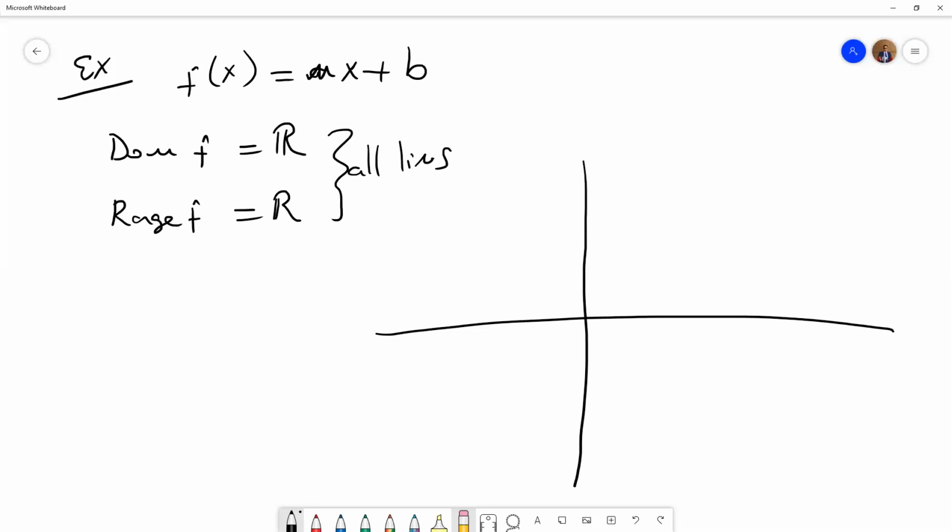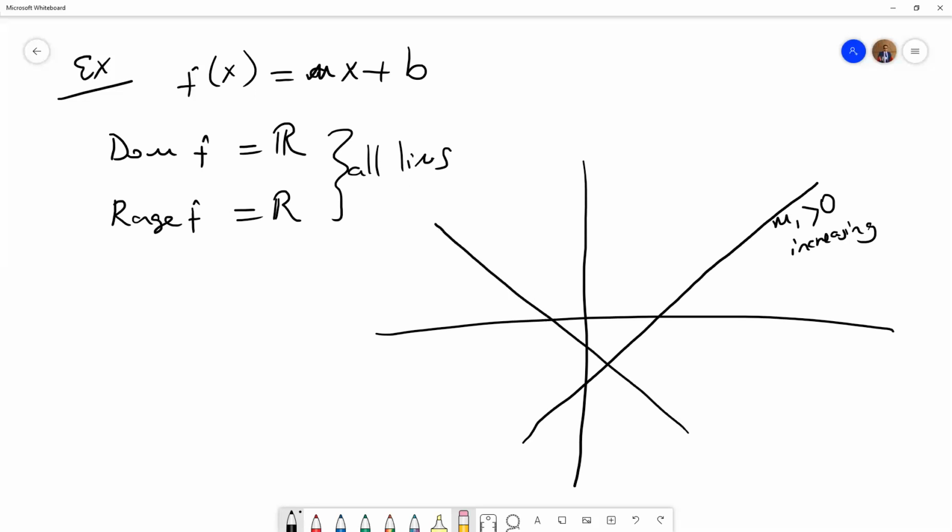Such as, if we have a line like that with m1 bigger than 0, this means it is increasing. And if we have a line like that, which has a slope m2 and it is negative, this means it is decreasing.